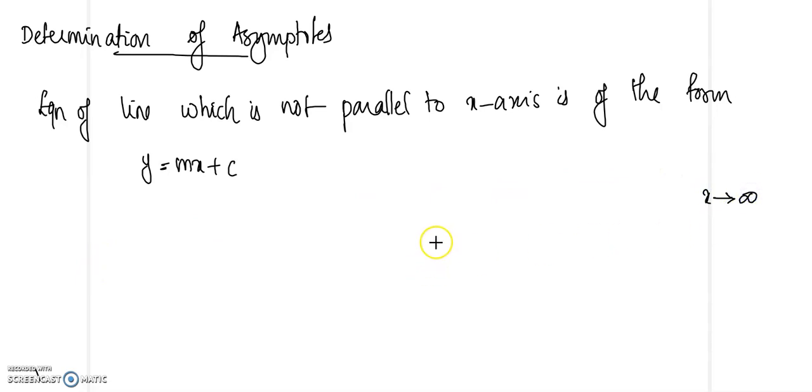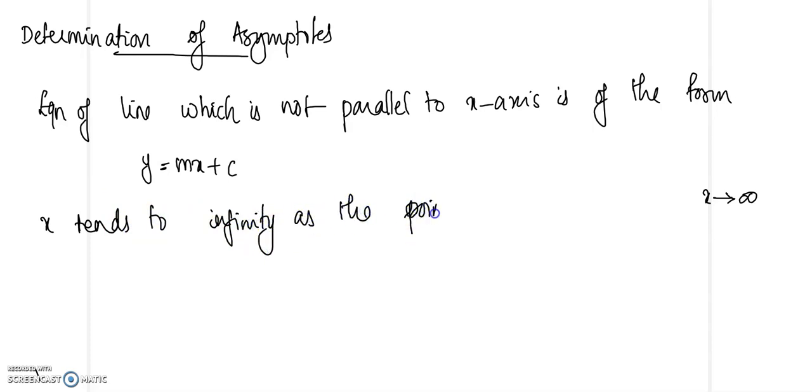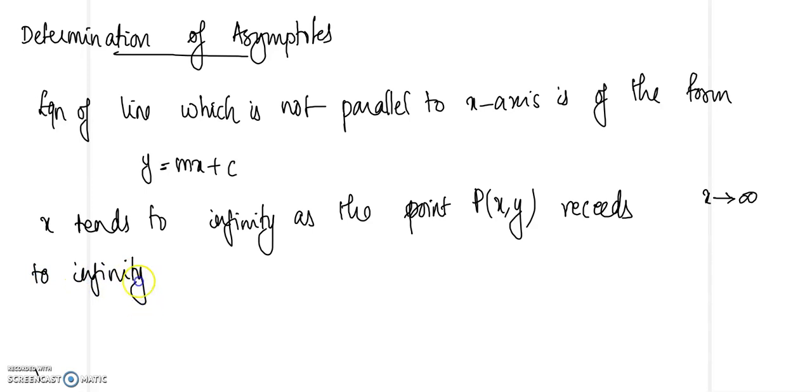So x must tend to infinity as the point recedes to infinity along this line.